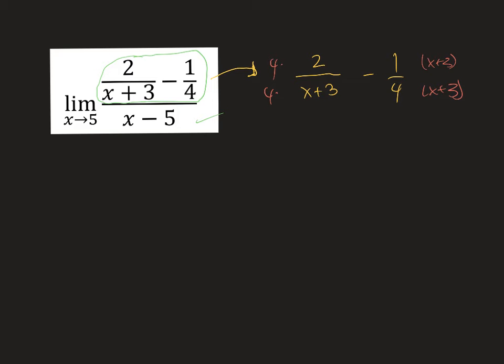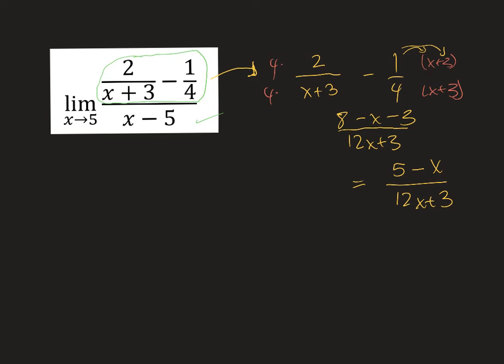I'll make a new fraction that has 4 times x plus 3, or 12x plus 3, in the denominator, and in the numerator I'll have 8 minus x minus 3 when I distribute this negative 1. So that simplifies to 5 minus x.